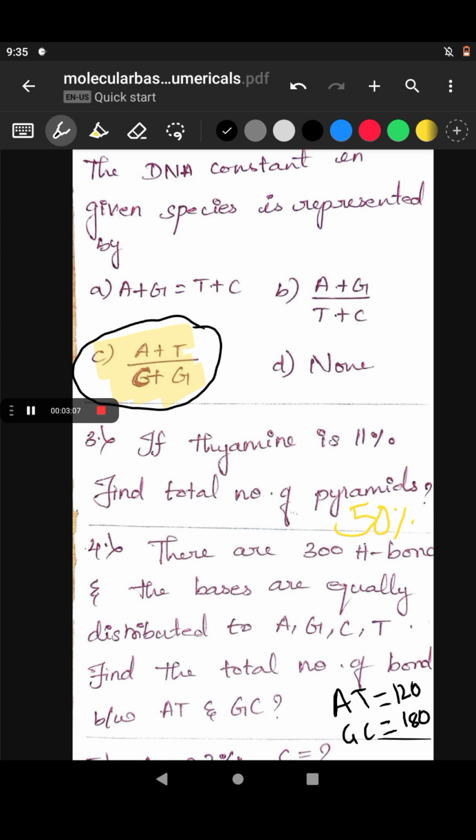Divided by 2, you get 39. 39 plus 11 equals 50%. Or a simple rule you can remember: the amount of purine is always equivalent to the amount of pyrimidines. In any segment of DNA, 50% will be purines, 50% will be pyrimidines. So on that basis also you can just say the answer as 50%.